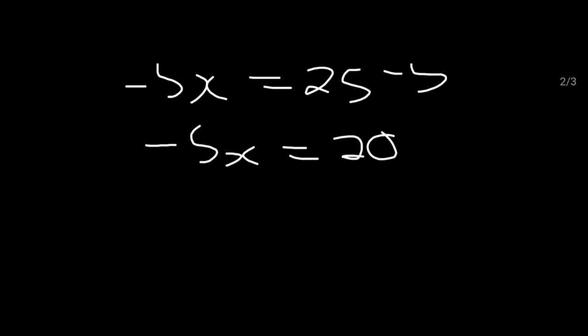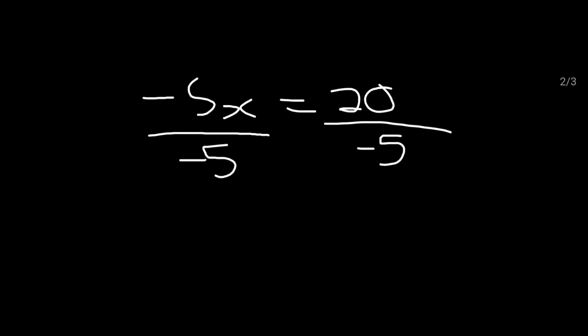We remove the coefficient by dividing by that coefficient on both sides. That coefficient is -5, so we divide by -5 on both sides. Then -5 cancels -5, we are left with x, and this part, what is 20 divided by -5, that is -2.